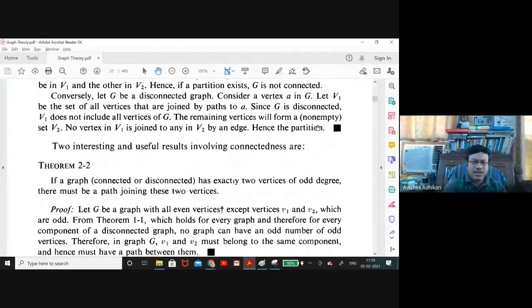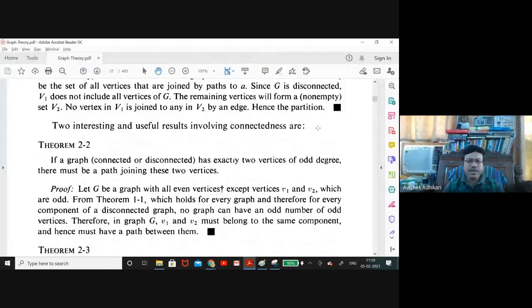Now the question is, this is again a very interesting thing. It says that if a graph, connected or disconnected, it may be anything, has exactly two vertices of odd degree. So we know that every graph should have an even number of odd degree vertices, but it says that it has exactly two vertices of odd degree.